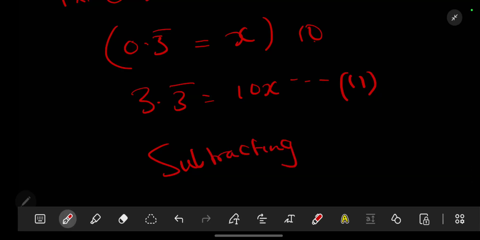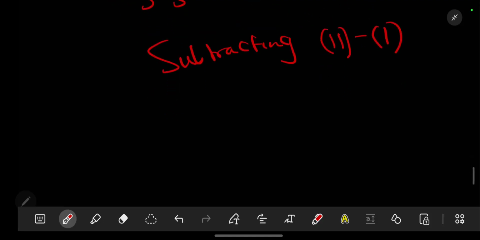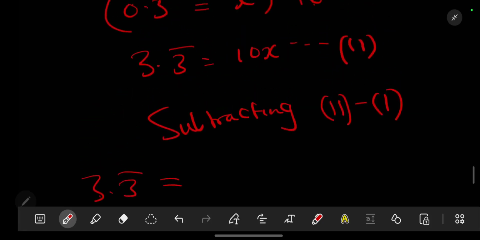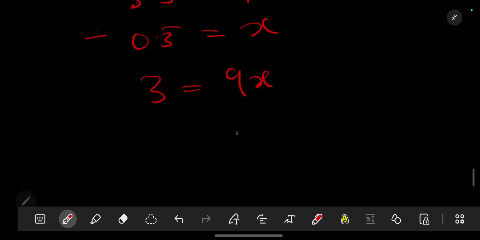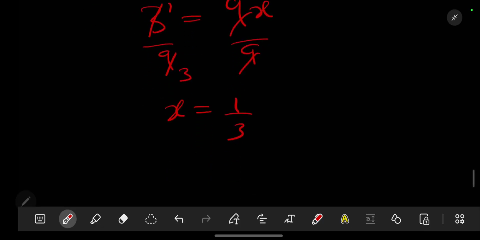Subtracting equation 2 minus equation 1, 3.3 bar is equal to 10x, and 0.3 bar is equal to x. So 3 minus 0 gives 3, equal to 10x minus x, which is 9x. We divide by 9, and reducing this, x is equal to 1 over 3.